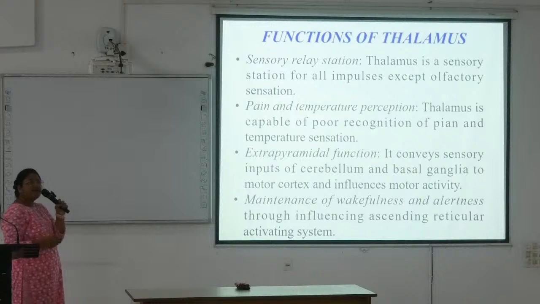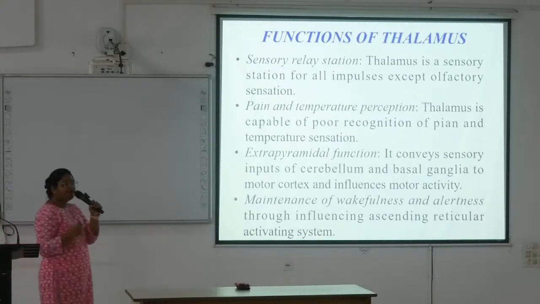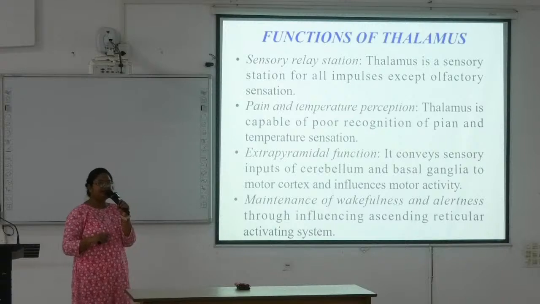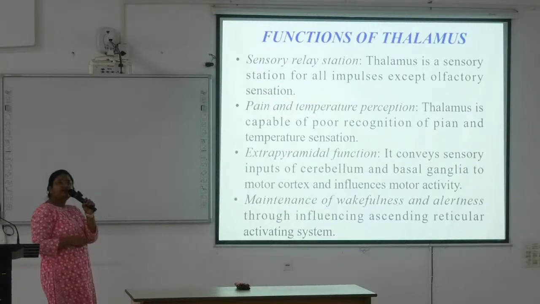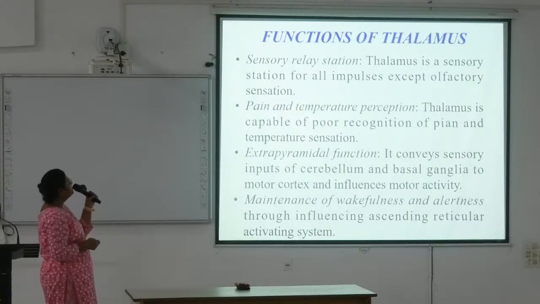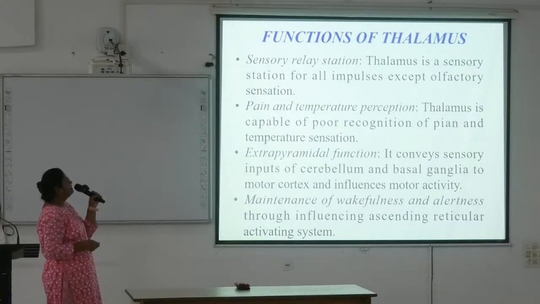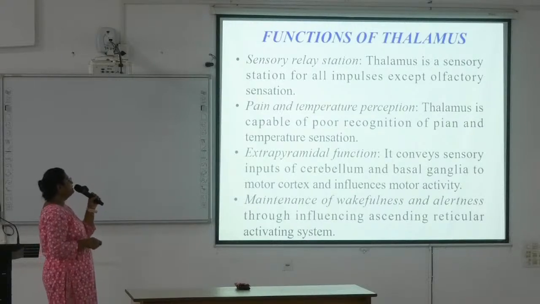So what are the functions of the thalamus? Functions are very, very important. Functions and nuclei of thalami are important. So function is, it acts as sensory relay station. Thalamus is a sensory station for all impulses except the olfactory sensation. Pain and temperature perception.